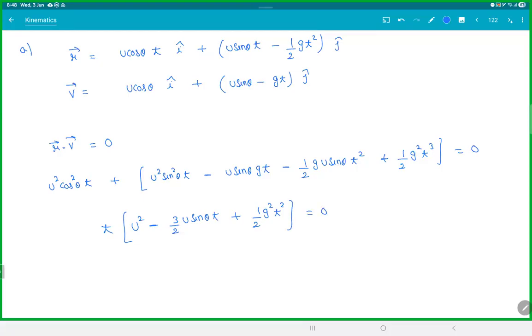So one root is t equal to 0. That we don't count, because at t equal to 0 the position vector is 0. Half g square t square minus 3 by 2 u sin theta g t. That's your quadratic.